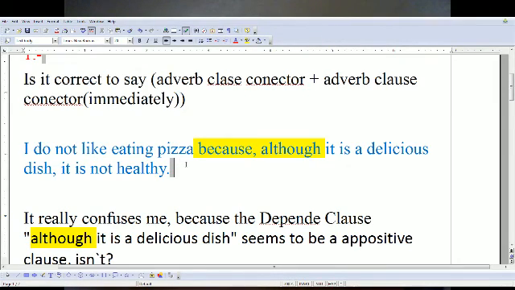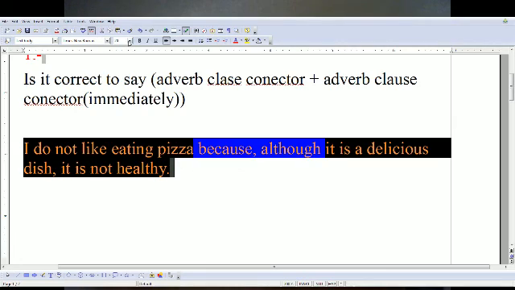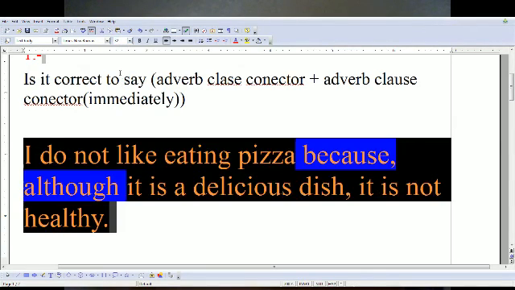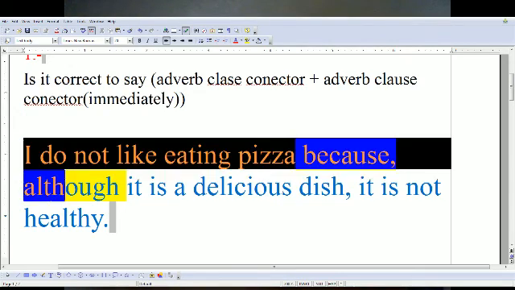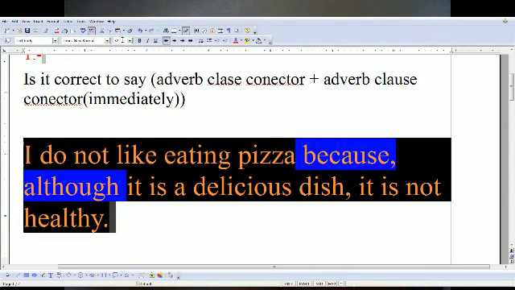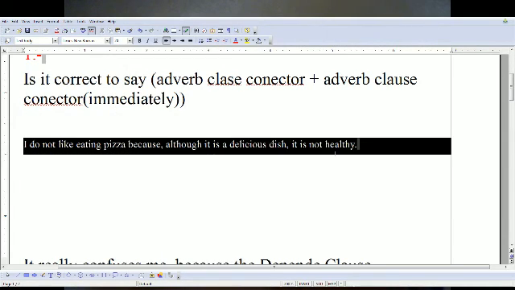So let's see if we can figure this out. See how this thing works here. So you're saying, I do not like eating pizza, right? Let me get rid of all of this. I need to start fresh with this. So default here, right? But let's make it bigger.